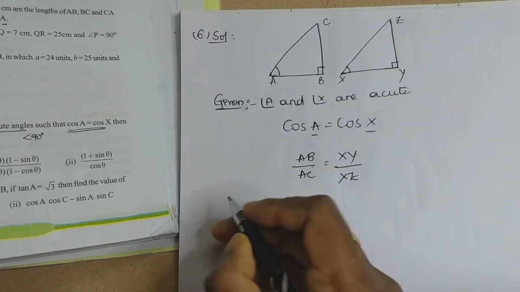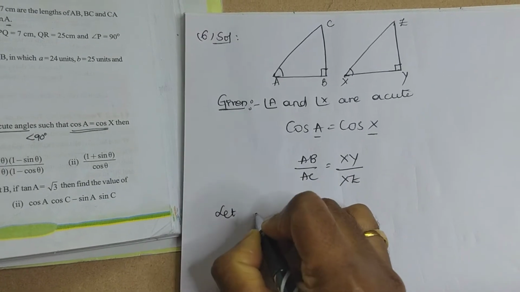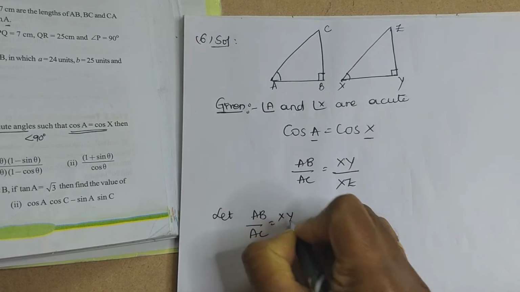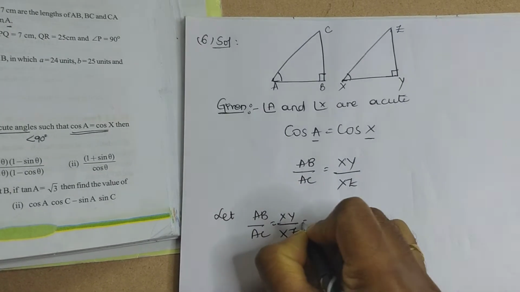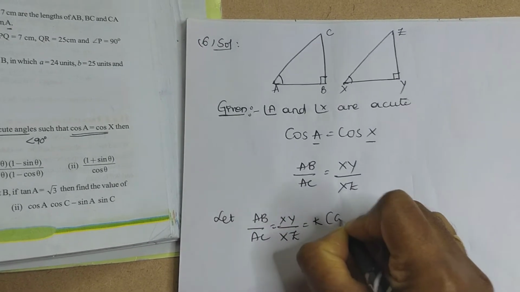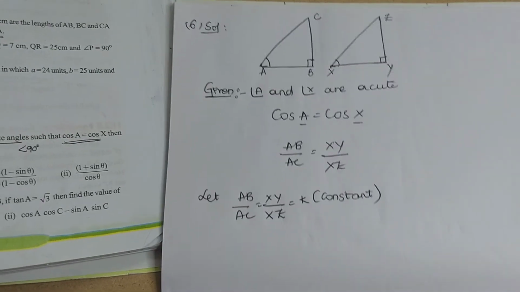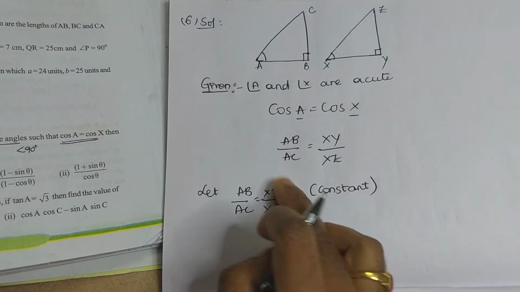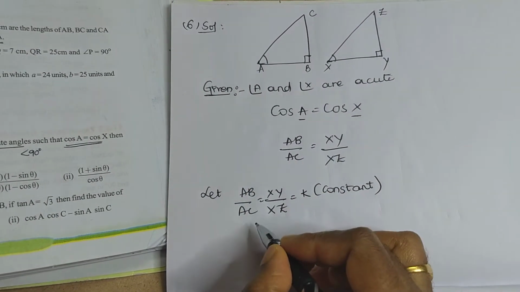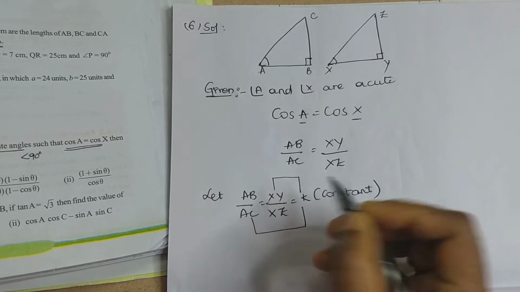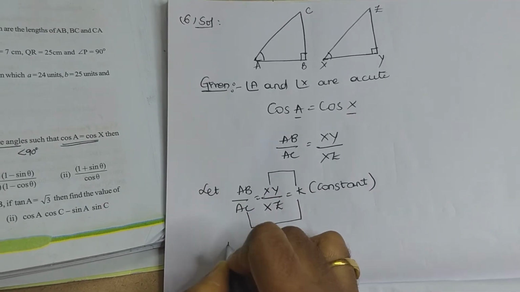So in the next step what will I do? I will just assume here, let AB by AC equals XY by XZ equals K. I am assuming it as a constant K. So this relation I have equated with K. So what does it mean? This equals K and this also equals K. So from this what can we write?